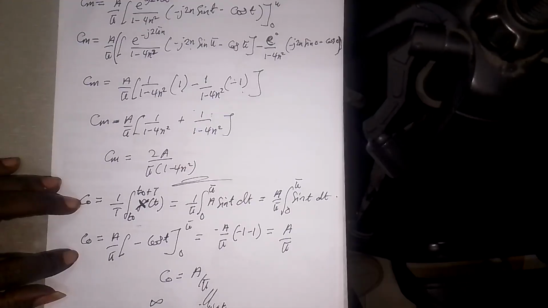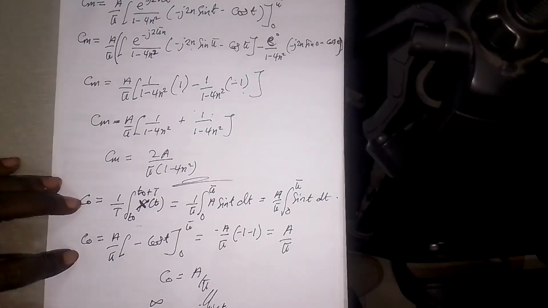So now x of t is equal to A on pi plus the summation from n equals minus infinity to infinity of 2A over pi into 1 minus 4n squared, into e exponent j n omega naught t. What is omega naught? Omega naught is 2, so 2t.